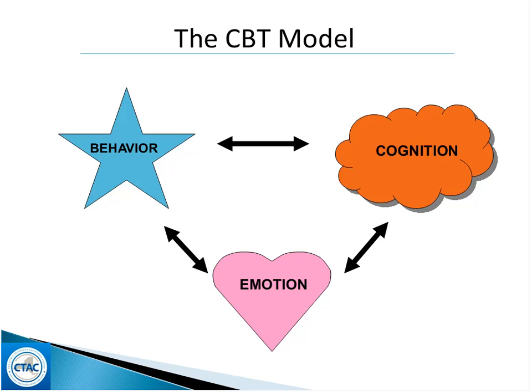What is a feeling? How are feelings affected by behavior? Cognitions or thoughts are much more difficult to identify or self-identify for a lot of clients, and so it's something that we talk about after we talk about feelings.